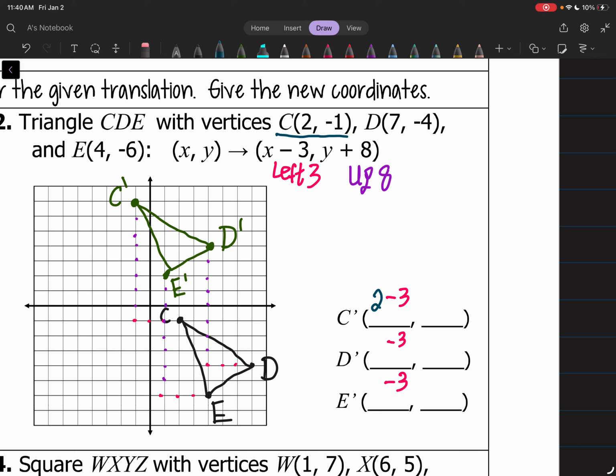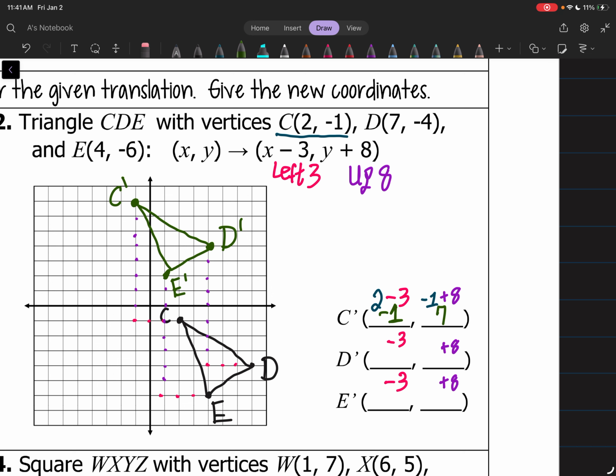Because 2 minus 3 gives me -1, which is the x coordinate of my image C. -1 was the y value, and I went up 8 on every y value. -1 plus 8 is 7. That is the y coordinate at C.